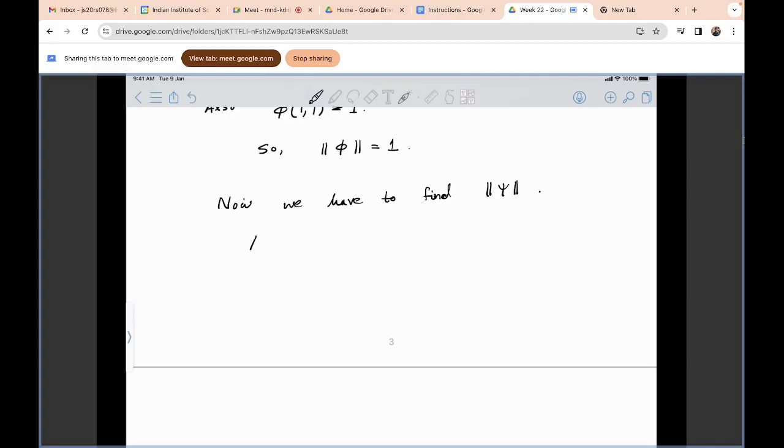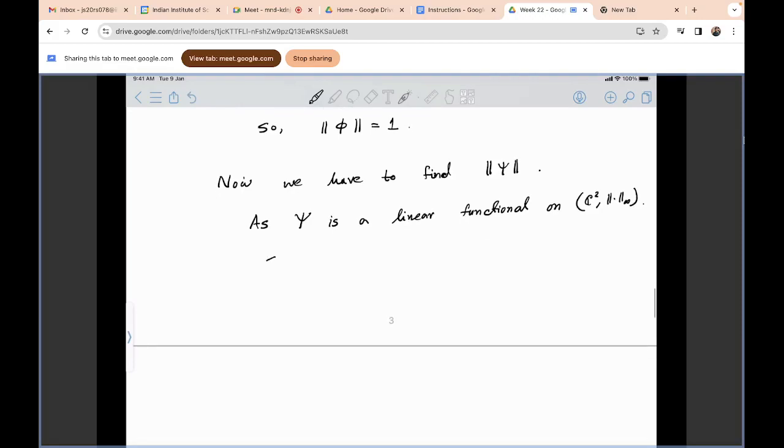As psi is a linear functional on C2 with this L infinity norm, psi belongs to the dual, (C2 with L infinity norm)*.